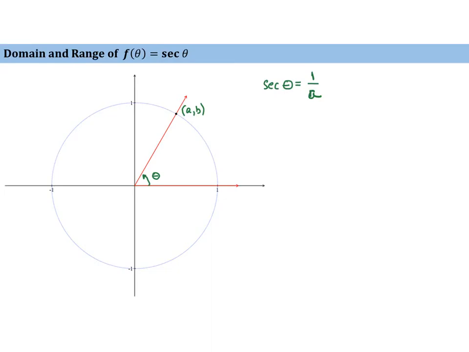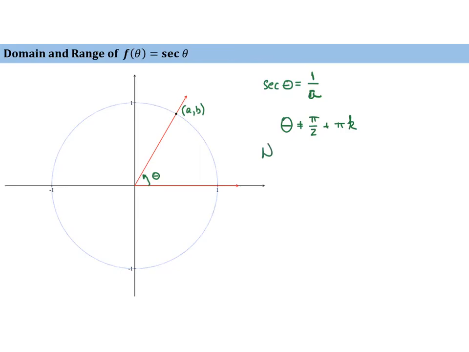Secant of theta is 1 over a. Now, with secant of theta being 1 over a, we know that a can't be 0, and the only time that a is 0 is if we land on the vertical axis. So that would be if theta is pi over 2 or 3 pi over 2, or any angle that is coterminal with those. So theta cannot be pi over 2 plus any pi unit multiple away from that.